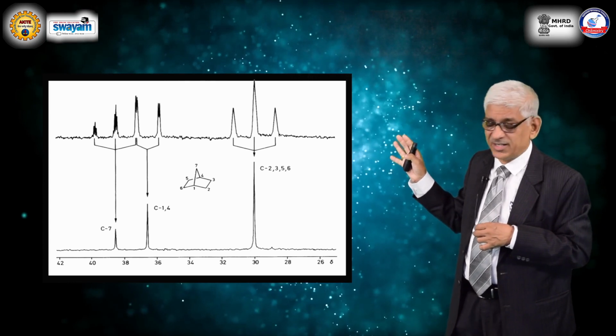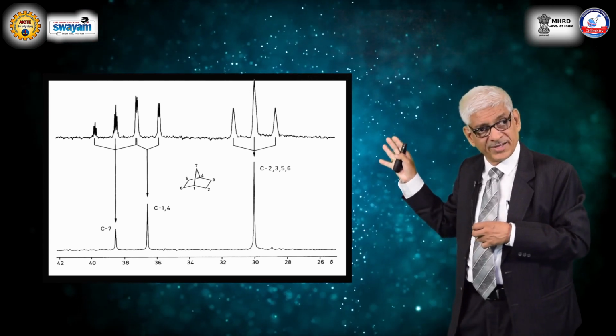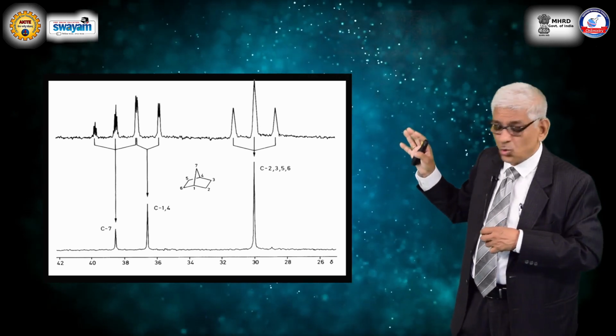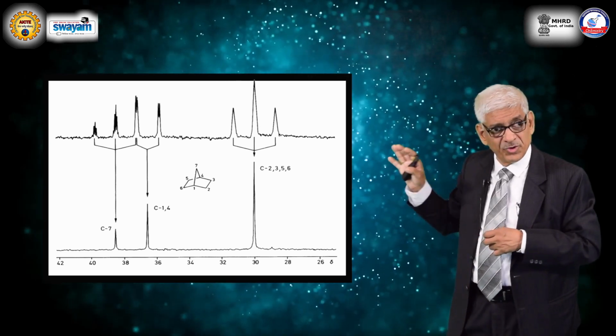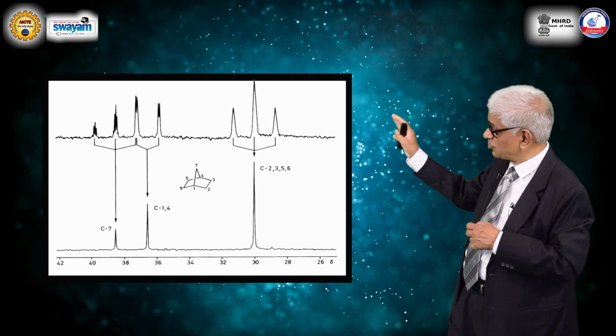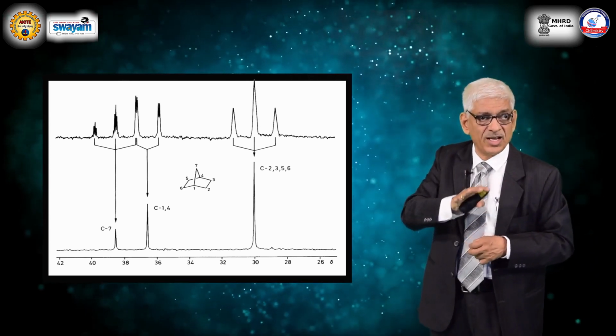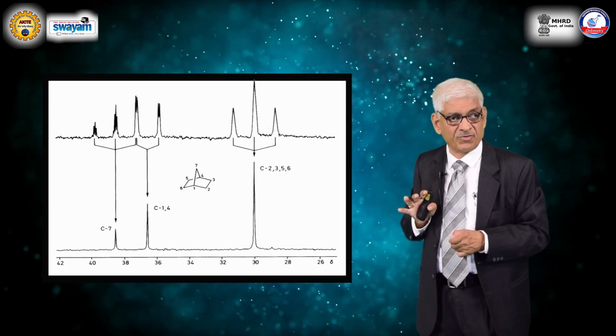And these 2, 3, 5, 6, they are all degenerate, they are equivalent because they have the same chemical shift, and likewise 1 and 4 are the carbons which are equivalent, and therefore they absorb energy at the same frequency, and C7 is a separate one, and that absorbs at one particular frequency.